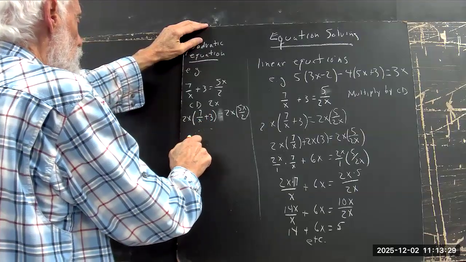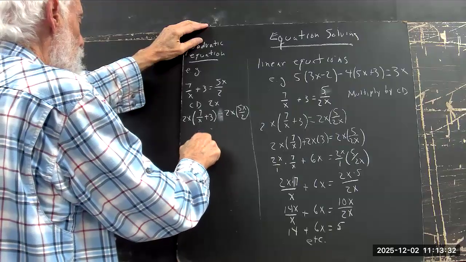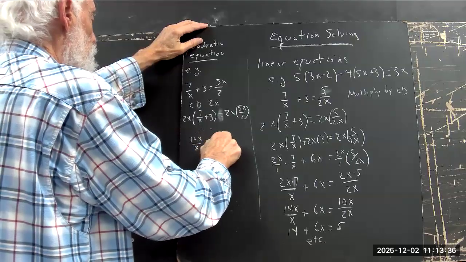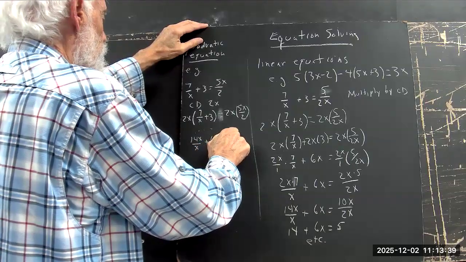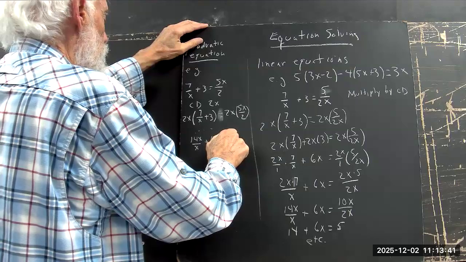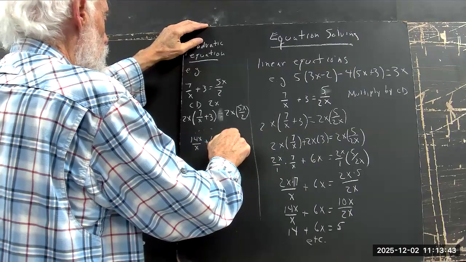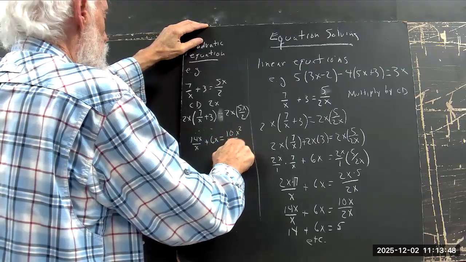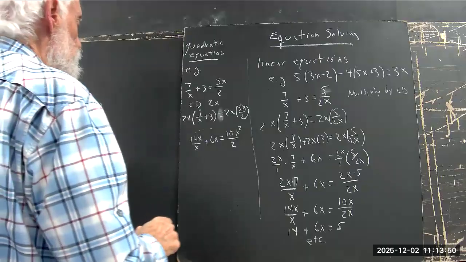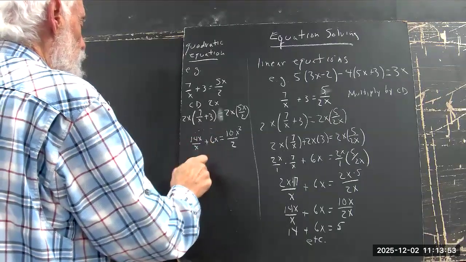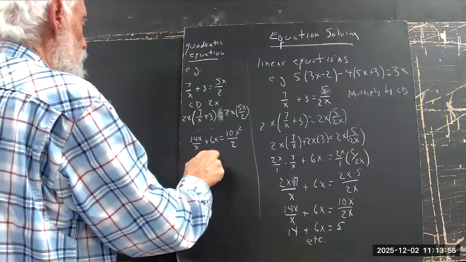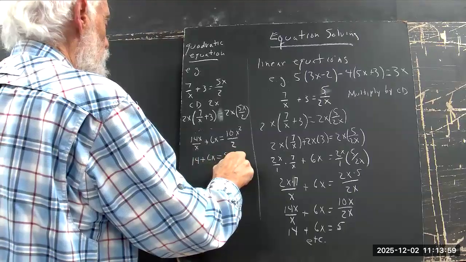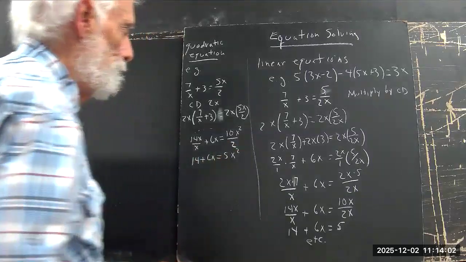I'm skipping a step, but you're going to get 14x/x plus 6x equals 10x²/2. Then the x will divide the x here, giving you 14 plus 6x. The 2 will divide the 10, giving you 5, but then you have 5x².